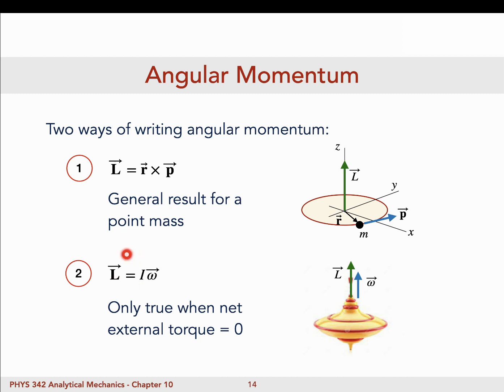We need to make a more generalized version of this statement, replacing the moment of inertia I with the inertia tensor. Then this is true, but if I is a scalar, this only works when there's no external torque.